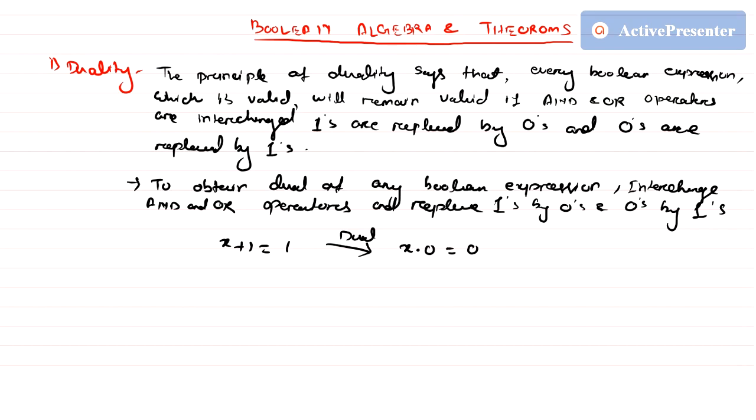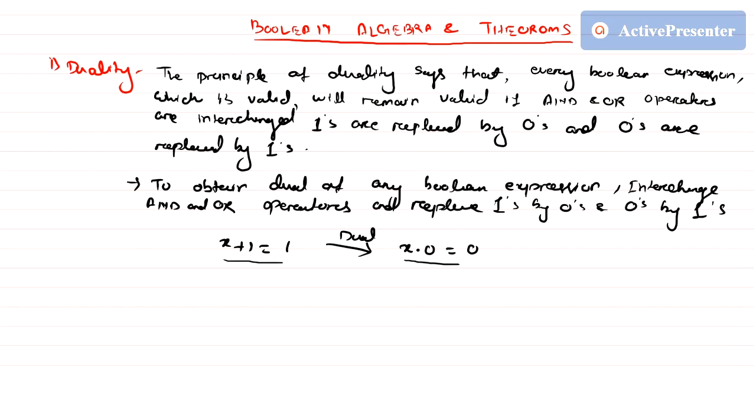So the duality property means if you change the OR operator to AND and your 1s to 0, the output also changes. The 1 will become 0, it will not remain the same. We say this expression is the dual of that expression: x into 0 is the dual of x plus 1.